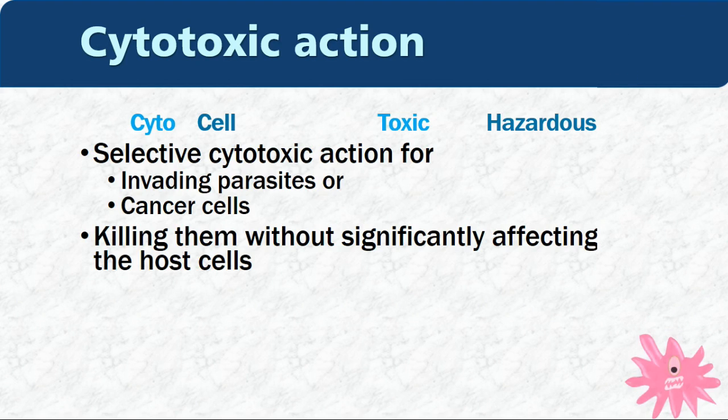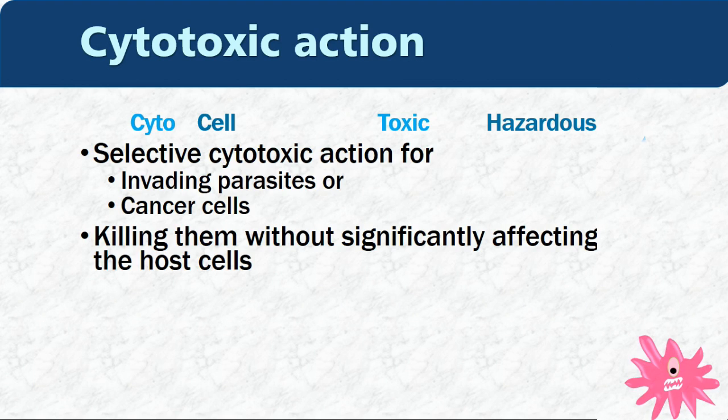So if we are suffering from infection of any microorganism, we take antibiotics, and these antibiotics kill that particular infectious organism and not our cells. So selectivity is there. It selectively kills that microorganism cell or tissue. That's why it is called cytotoxic action.